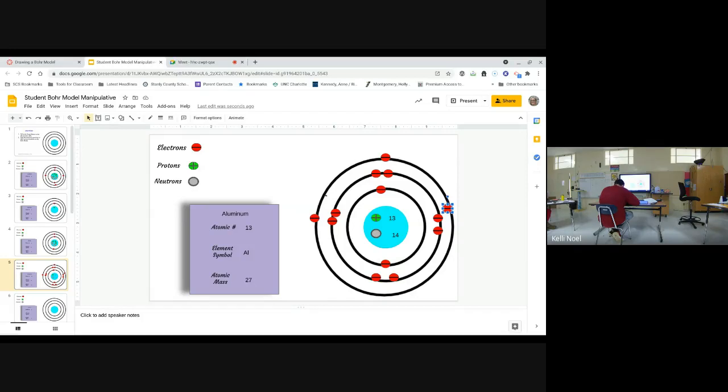What column number is aluminum in? 3A. So the 3 tells me I should have 3 on the outermost ring. That's what we learned yesterday. So give me a thumbs up if you have that one done. Good, okay.